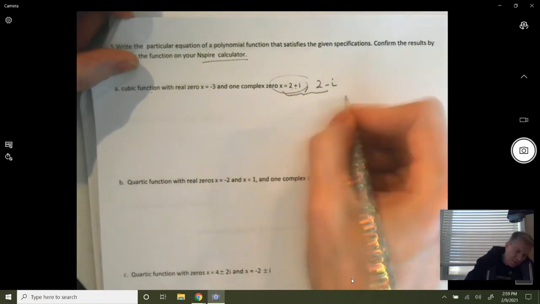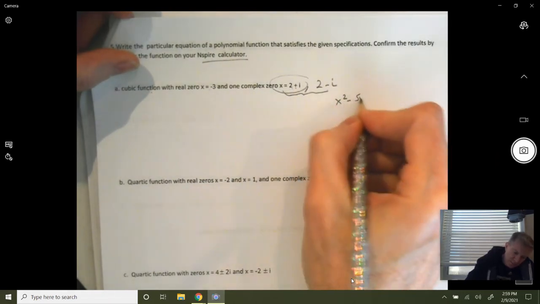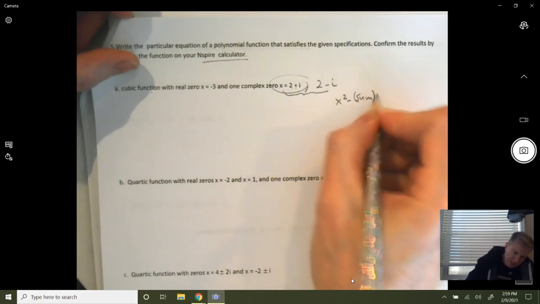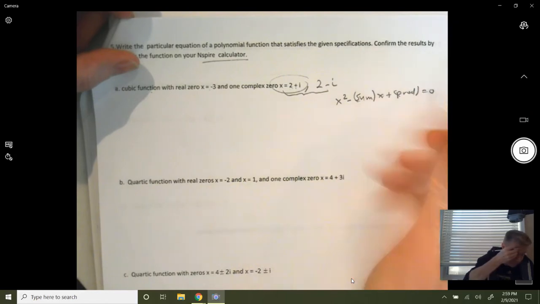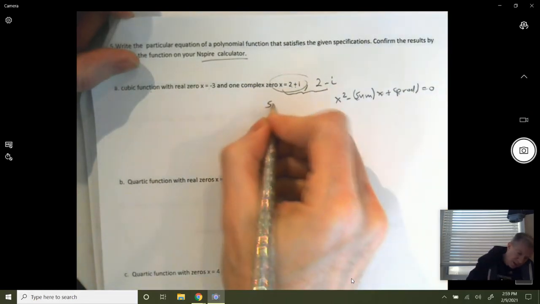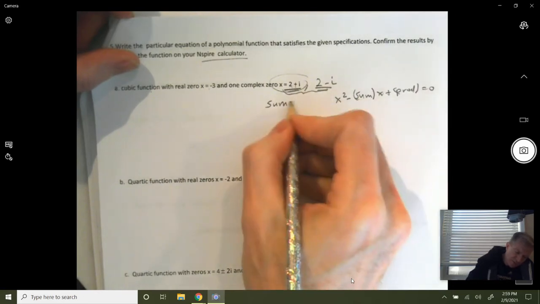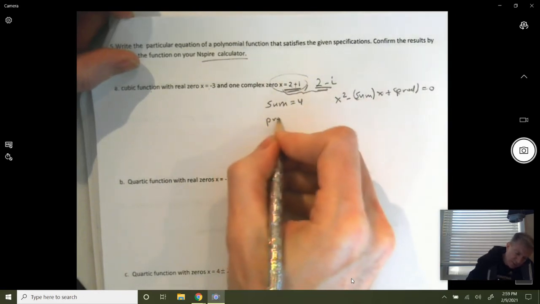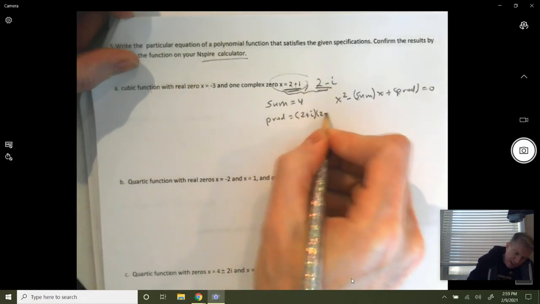Remember, a quadratic is x squared minus the sum of the roots times x plus the product of the roots equal to 0. The sum of these two, 2 plus i plus 2 minus i, would be 4. The product is 2 plus i times 2 minus i.